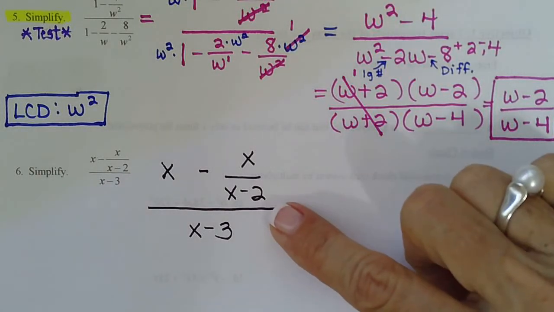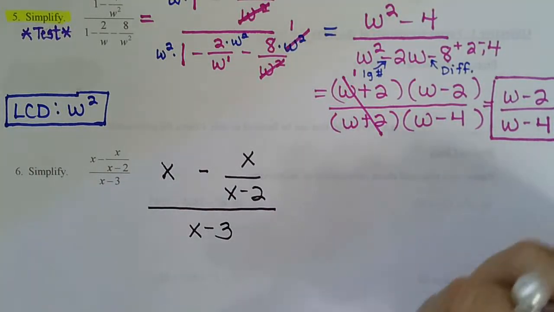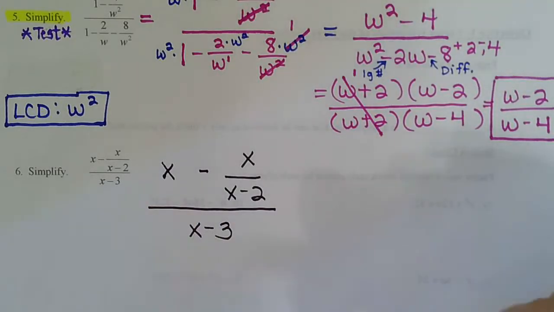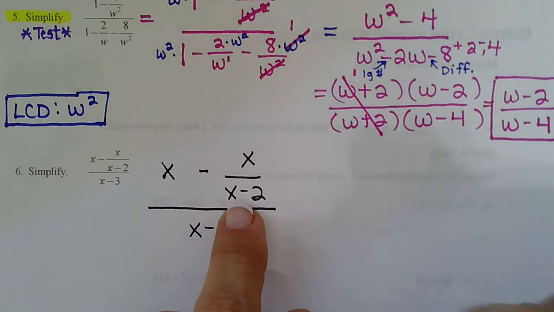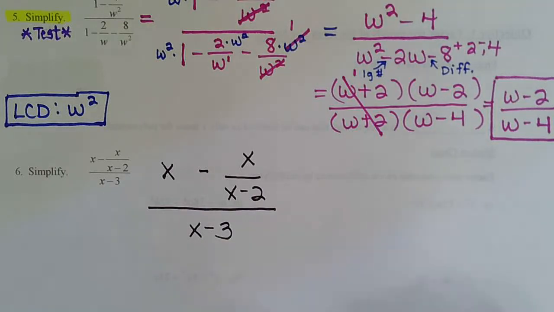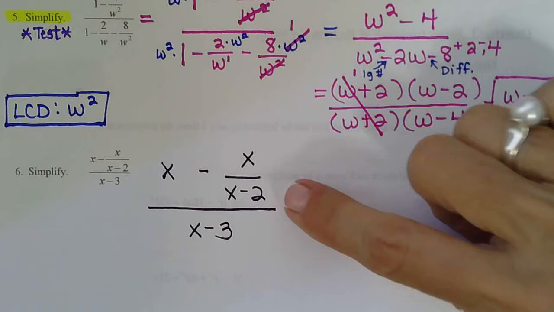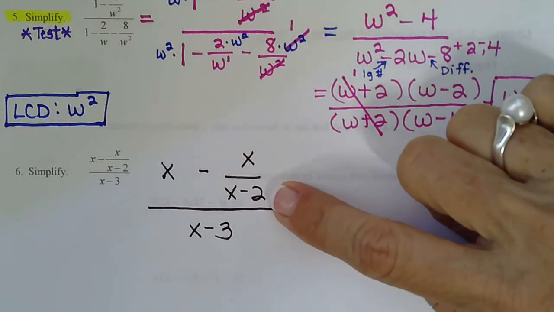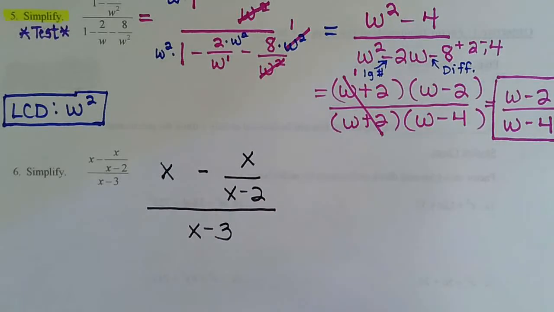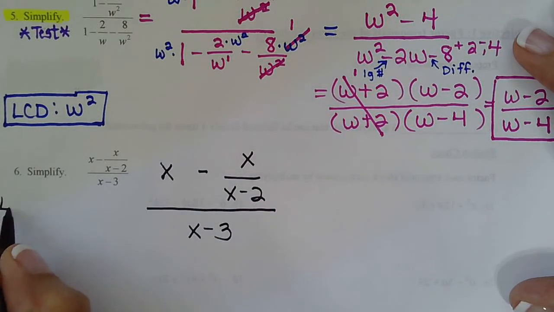So our first step is to look at all of our denominators and pick the LCD. So this is x over 1, denominator 1. This is denominator x minus 2. And this one has a denominator of 1, x minus 3 over 1. So since there's only one minor denominator present, because these both have 1, our LCD is going to be x minus 2.